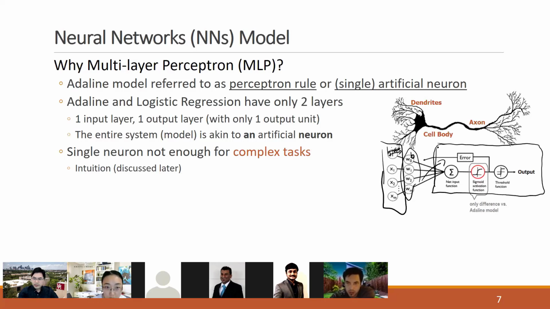The most fundamental things going on here are in the output layer, or we can say the output unit or output neuron. There's only one output unit that makes it a single artificial neuron. A single neuron can still do powerful things in terms of crunching data. That's what you see from the class demo and from the homework.